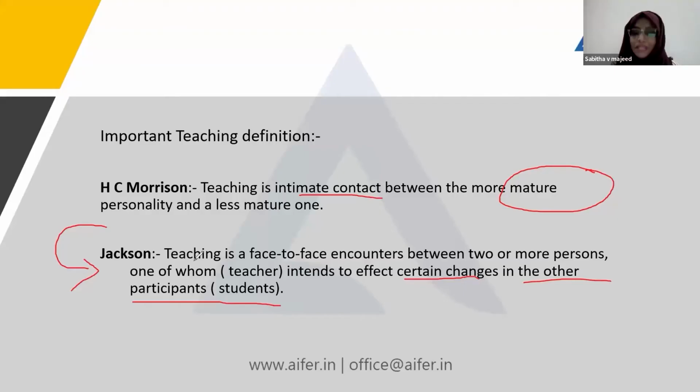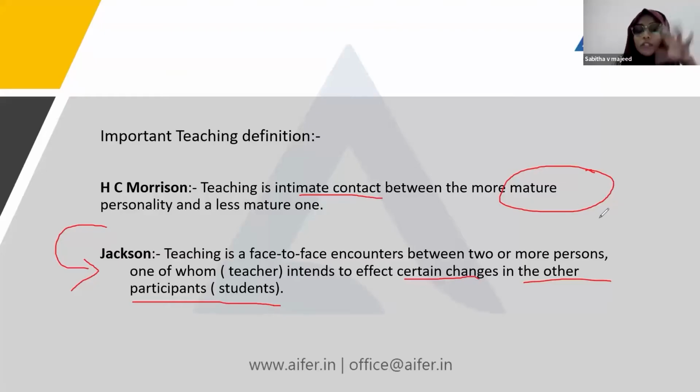He defined teaching as something which can affect certain changes in the behavior of the student population, certain modifications in the behavior of the student population. This is the widely accepted definition of teaching. Jackson's definition is the most accepted definition of teaching. Currently in our curriculum, in our education system, the widely accepted definition is Jackson's definition.